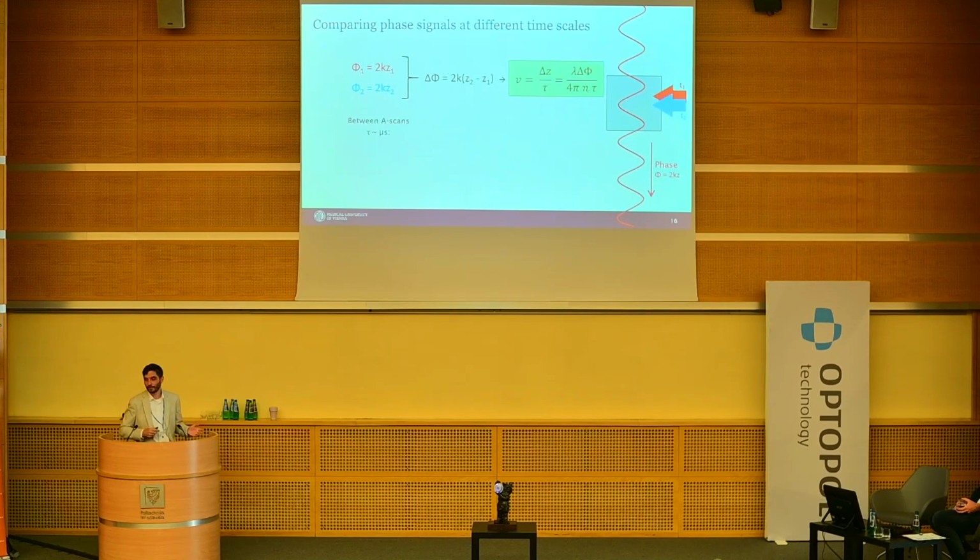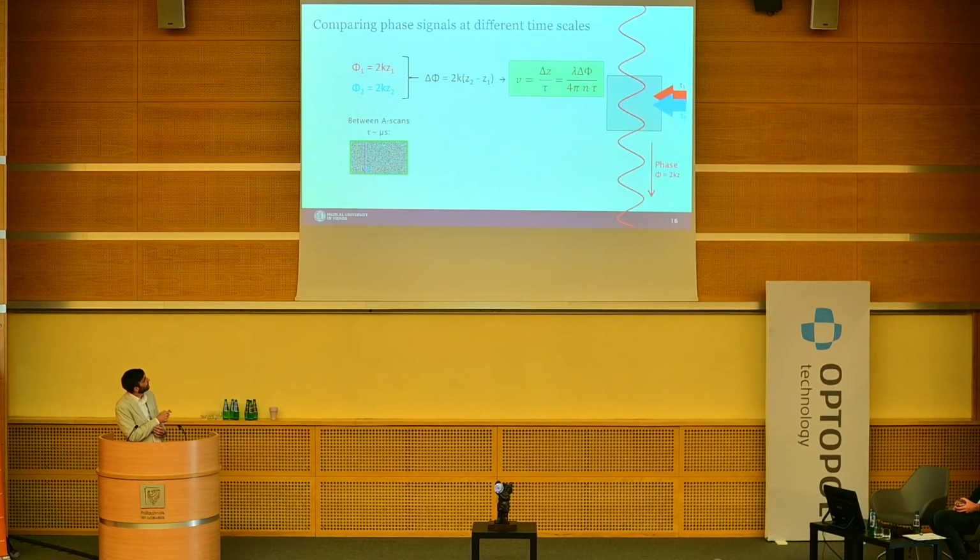Now we can do these phase difference measurements at different time scales. Yeah? Depending on which time scale we look at, people have given this different names. But in the end, it's all the same thing. If the time difference is on the order of microseconds, so that's on the order of the time elapsing between axial scans, then this would be like we take 2 acquisitions, one after the other at the same position in a B scan.